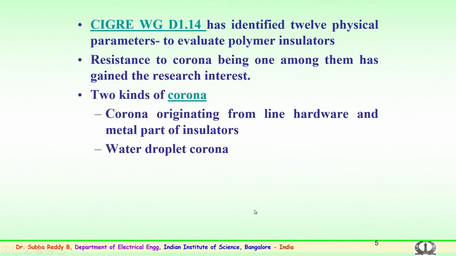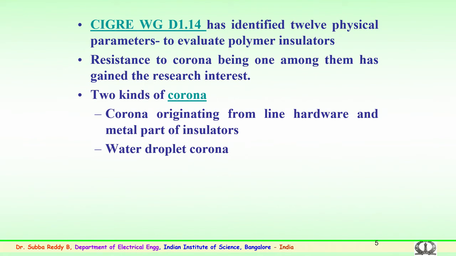The CIGRE working group, which I mentioned earlier, an international council for large high voltage systems, working group D1.14 as mentioned, has identified 12 physical parameters to evaluate polymer insulators. Resistance to corona is one of the important ones which has gained research interest. Many people are focused on this subject and are working towards remedies and improvements.